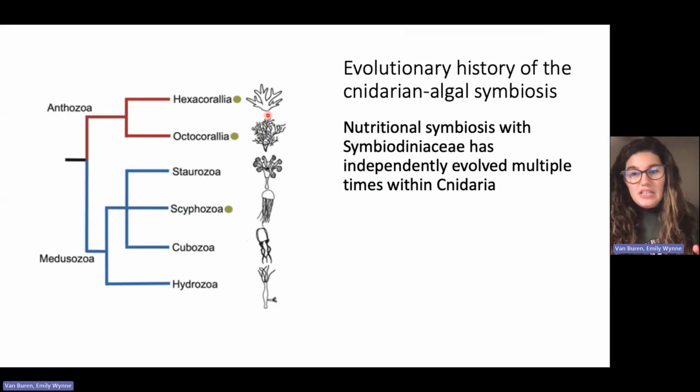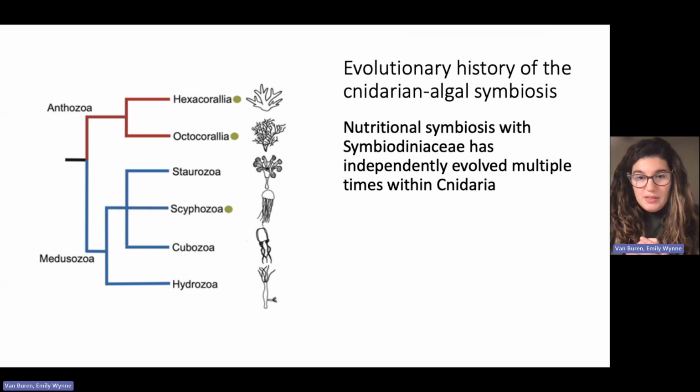So the evolutionary history of cnidarian symbiosis is not super tricky, but it has happened a lot over the course of Anthozoan and Medusozoan. Essentially, this means that these cnidarians can form an intracellular symbiosis with an algae.